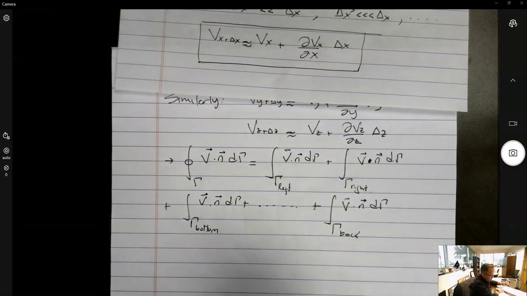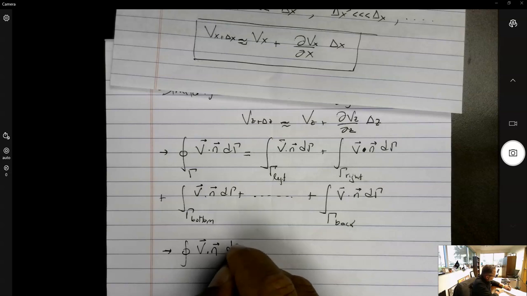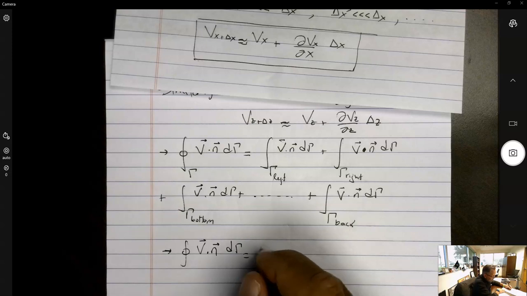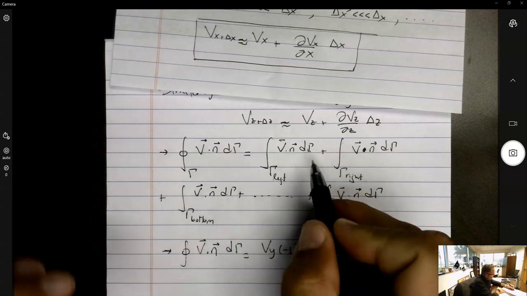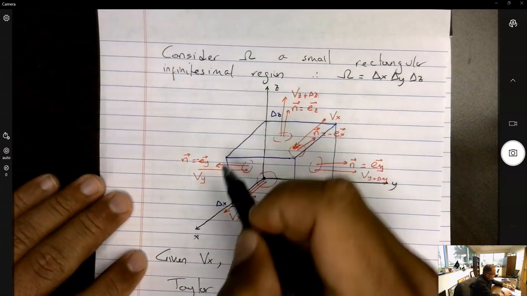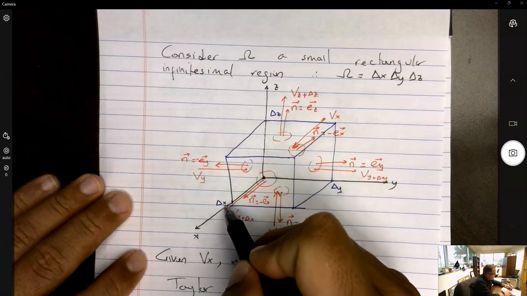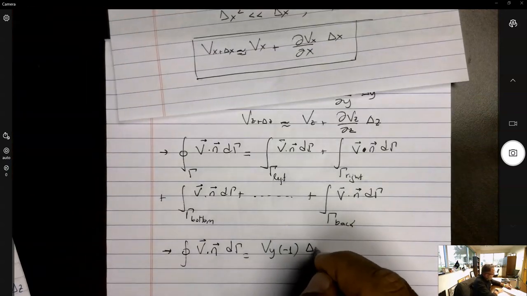So we can essentially take this entire integral of v dot n over the 6 faces of this parallelepiped. And on the left we have Vy, the normal vector is -1, and d gamma, we're going to talk about the left wall, it's this wall right here. d gamma is the area of this wall, and the area of this wall is delta x times delta z.